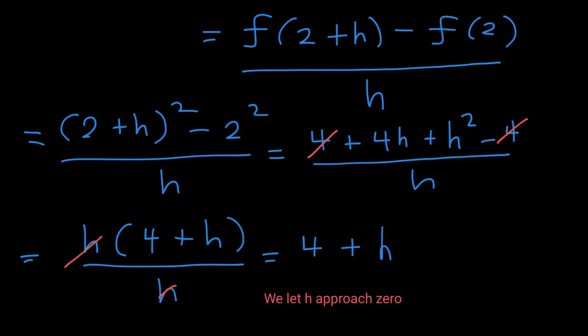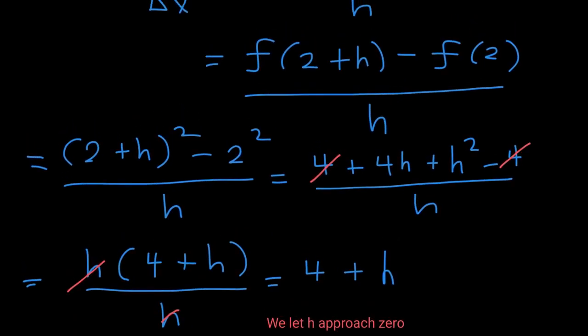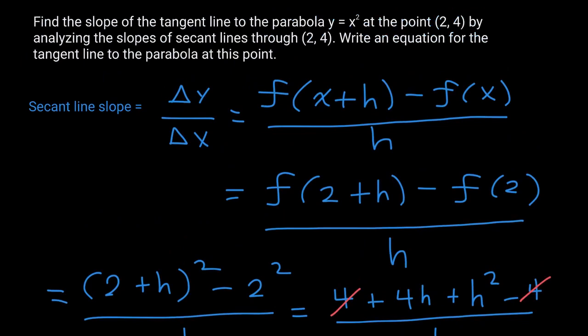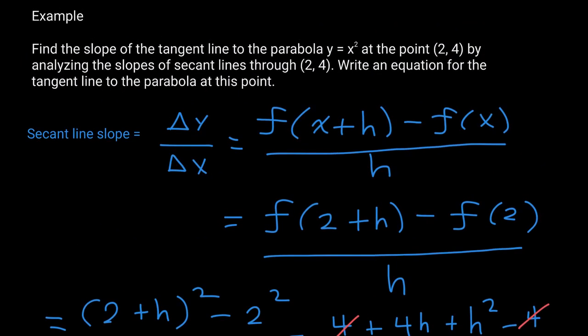Which means we take the slope to be 4. 4 is the parabola slope at this point that they gave you, which is, let me scroll back up so we can see. There it is. So then we're saying the parabola has slope 4 at this point 2, 4.